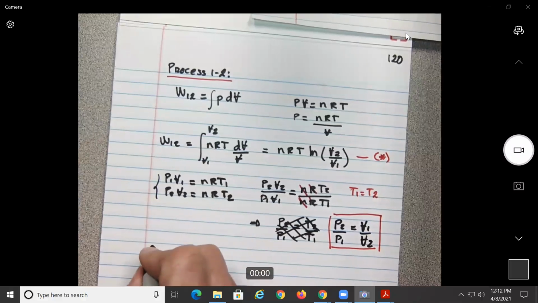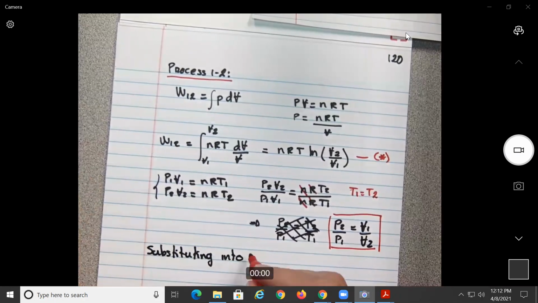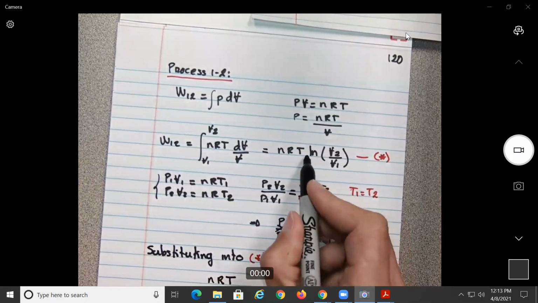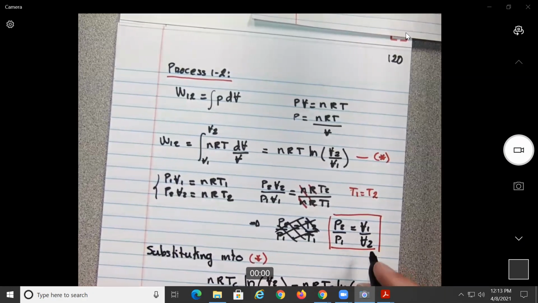So substituting into the star equation, we're going to have nRT, and here this will be T cold, log V2 over V1 will actually be equal to nRT cold log P1 over P2, because it's reversed.